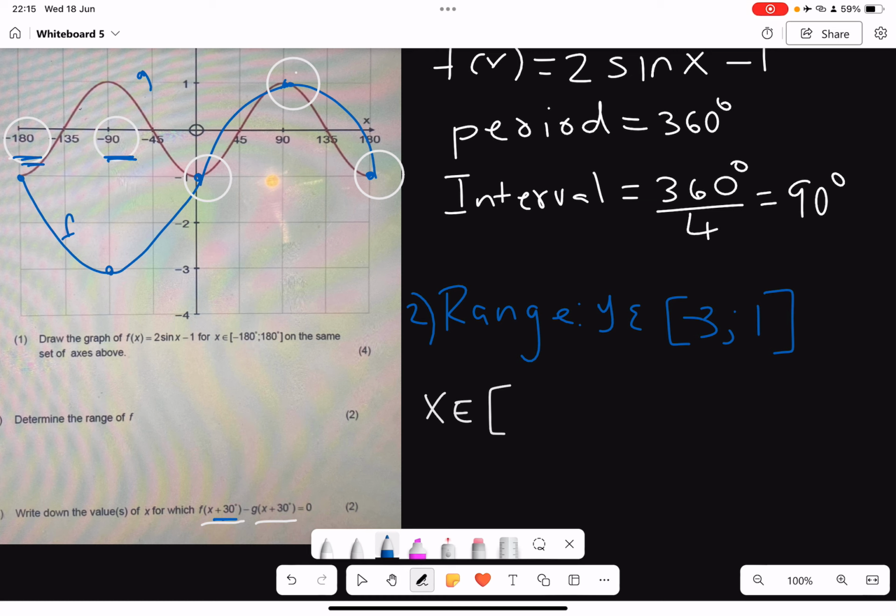So I'm going to minus 30 on all these points. So negative 180 minus 30 is negative 210. And then negative 90 minus 30 is negative 120, sorry. And then 0 minus 30 is minus 30. Right? Then 90 minus 30 is 60. 180 minus 30 is 150. And we have indeed listed all of them.